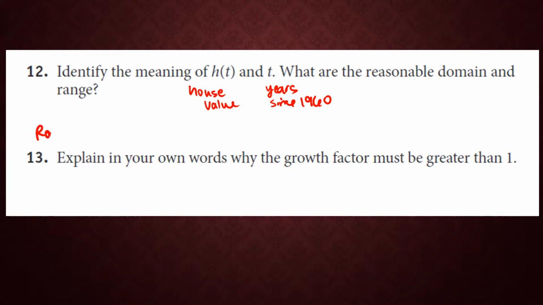So the range would be any number greater than or equal to 0, because it could be any part of a dollar amount. And the years since 1960 would be the same. So the domain, it could be all the way back to 1960, which would be 0 years since then. So t would be greater than or equal to 0 also. So anything that's 0 or more would work for the domain and the range in this situation.